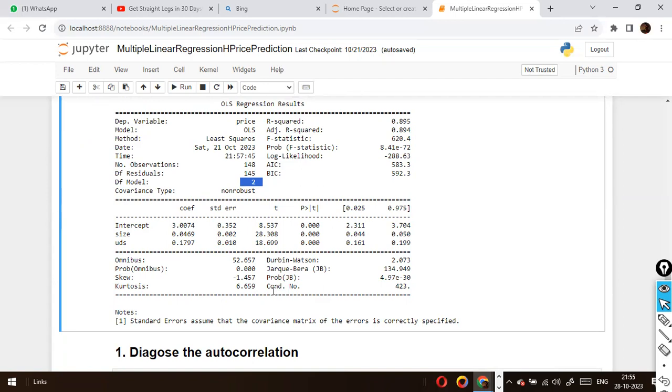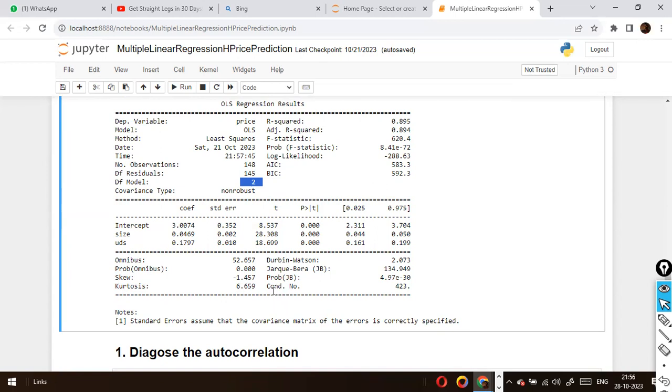So what does the omnibus test tell us? This is a very interesting name, right? You need to look at the p-value associated with the omnibus test. It tells us whether the residuals are normally distributed. You know what residuals are? It's nothing but error, the difference between the actual and the predicted value.